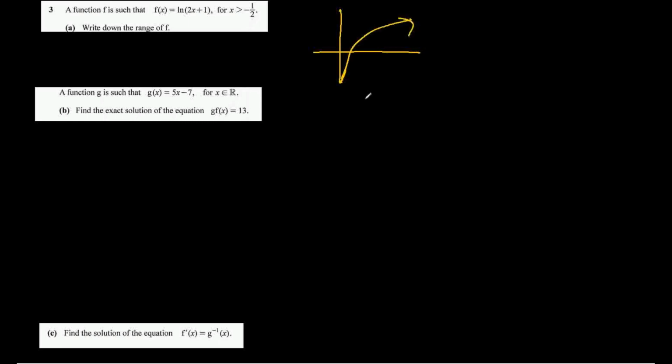Even with reflection, it remains going from down indefinitely to going up indefinitely. So since y has all the values from negative infinity to positive infinity, that means all real numbers are the range.